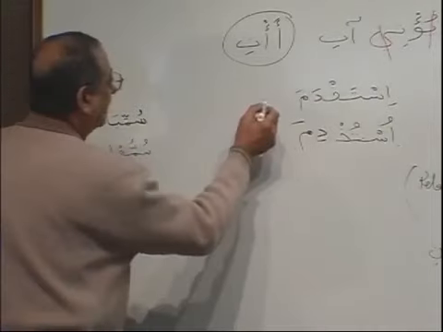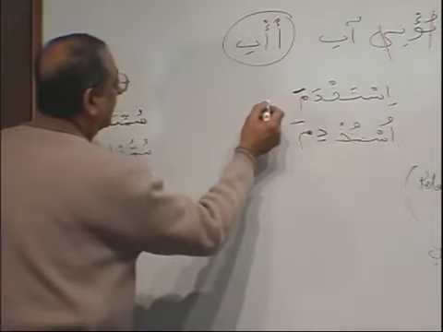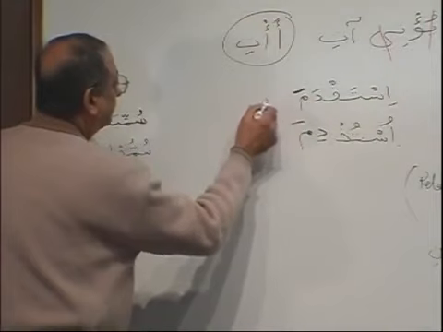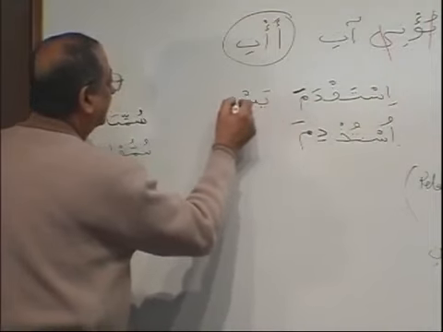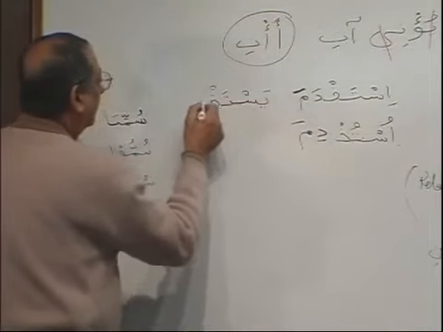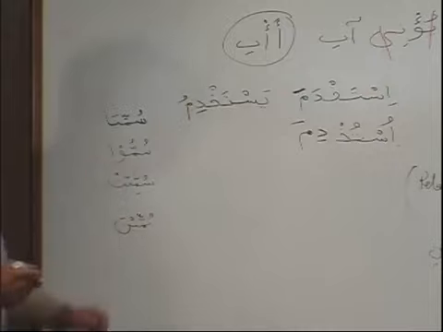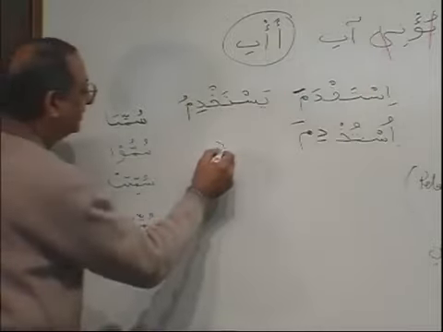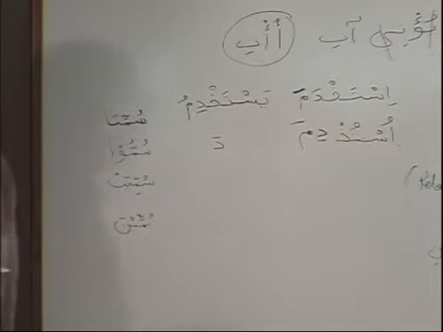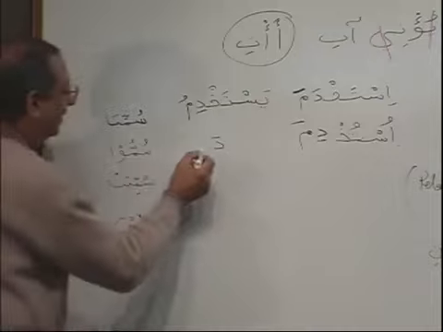Sister Nasri. Istakhdama. Make it mudariya. Yes, yastakhdimu. What is the verb, brothers and sisters? Yes, yastakhdimu. Now make it majhul. Our formula, brothers and sisters: Ain kalima gets a fatha.